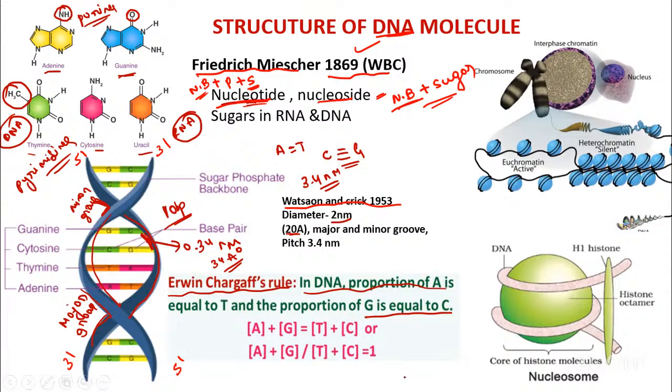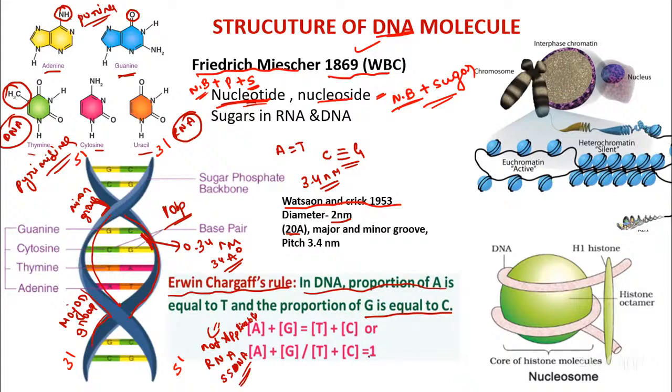Okay, the Erwin Chargaff rule is different for different species. And this Chargaff rule is not applicable for RNA and also for single stranded DNA. Remember this, guys. For single stranded DNA and for RNA, the Chargaff rule is not applicable.